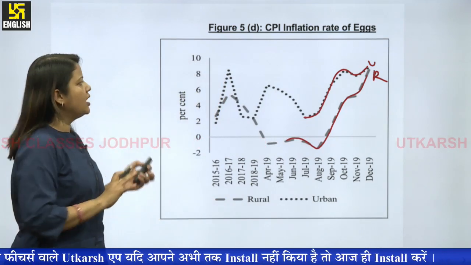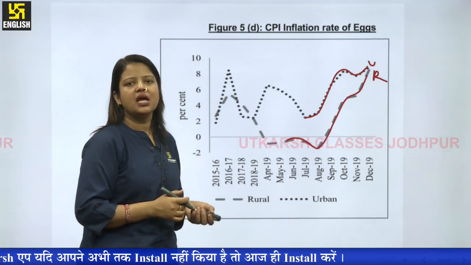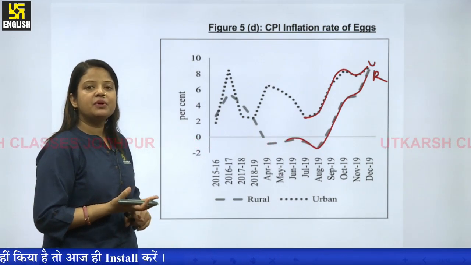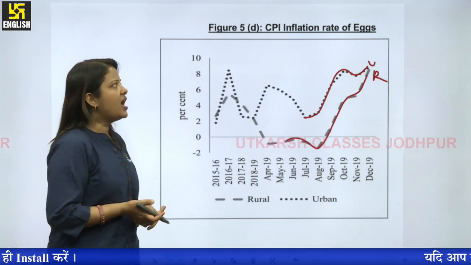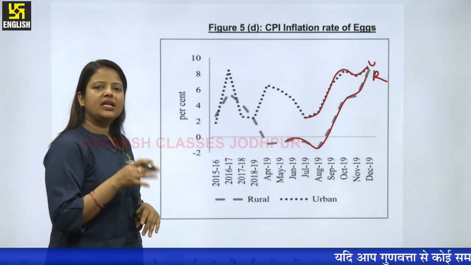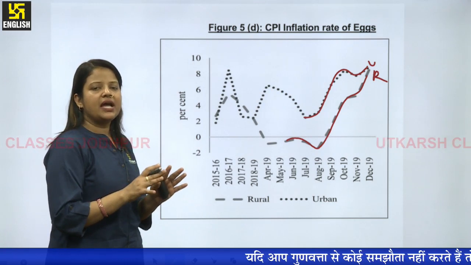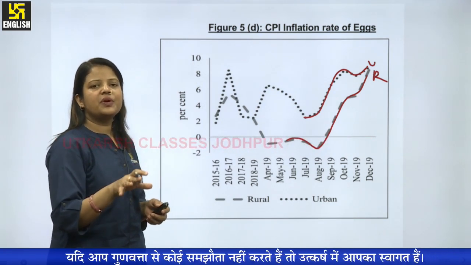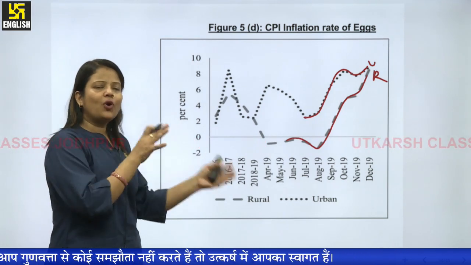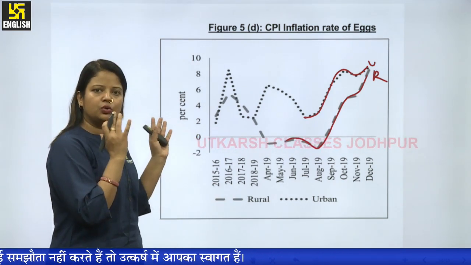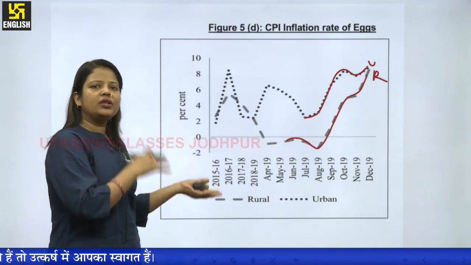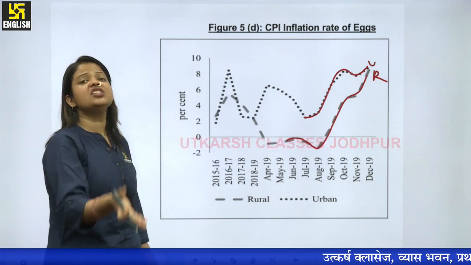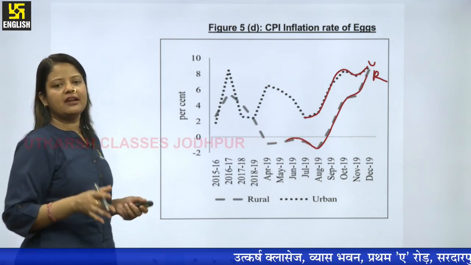So it is very clear from these diagrams that the rate of all the food items, mainly vegetable, fruit, eggs, were higher in the urban area than the rural area. So the CPI, consumer price index of urban area, was higher than the consumer price index in the rural area. But before that, we are talking about 2019-20. Before that, it was higher in the rural area. So there is a sudden change in the trend of CPI inflation.